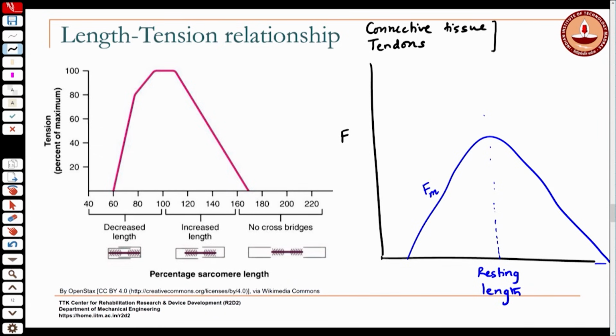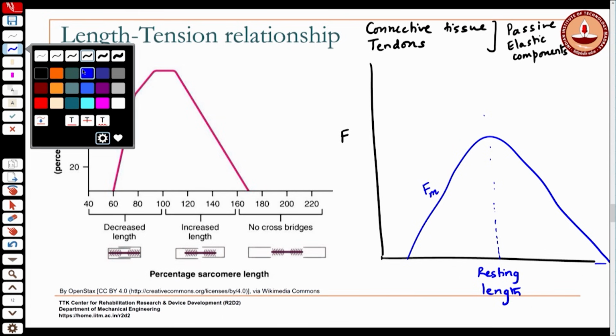So, they are called the passive elastic components, and the muscle is your active component. This blue is the muscle's active component.